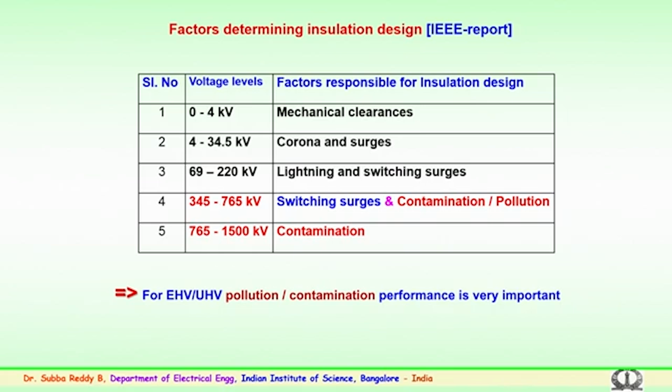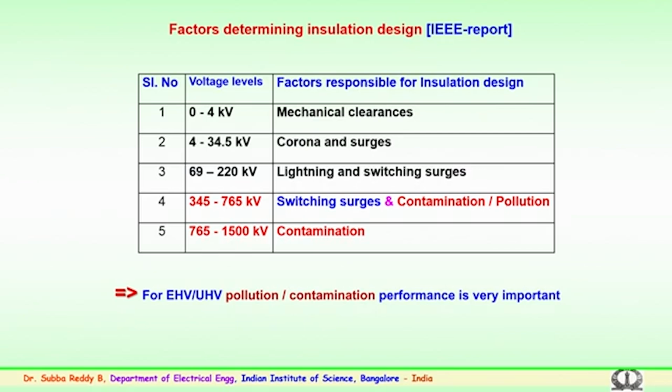So, the insulation engineer has to take care of the switching surges and the contamination or pollution up to 765 or 800 kV. Further, ultra high voltage insulation design mainly depends on the contamination aspects. The contamination or the pollution is a very important aspect to be considered for the design above ultra high voltage insulation.